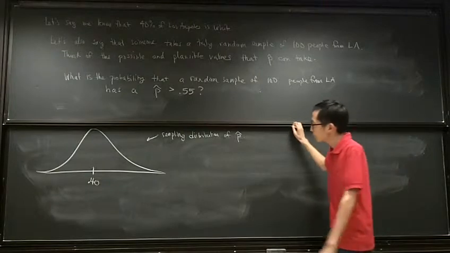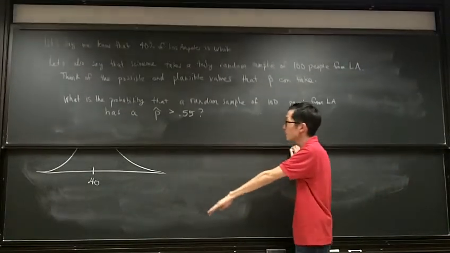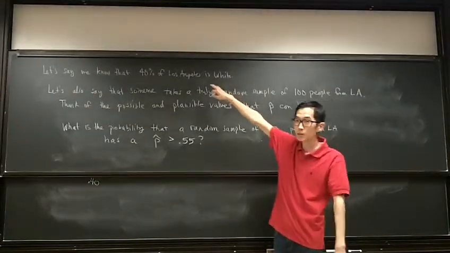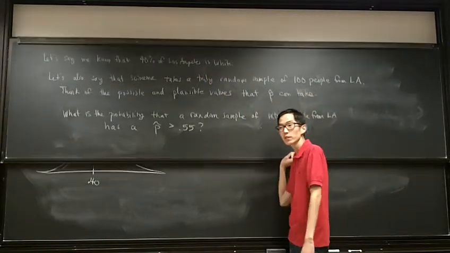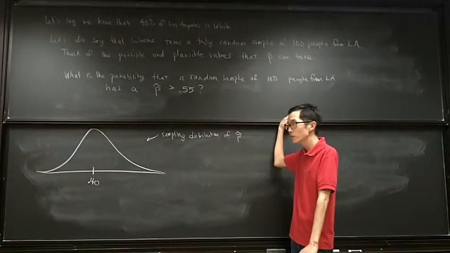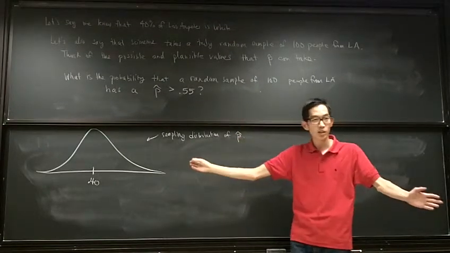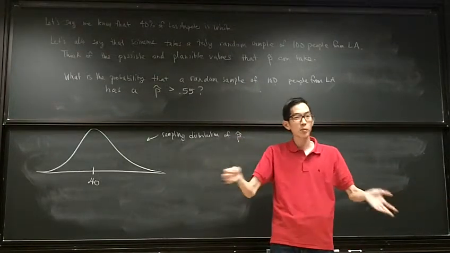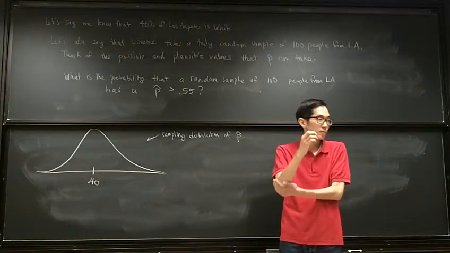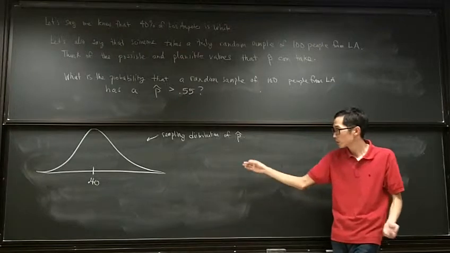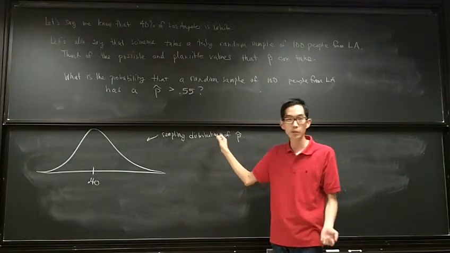Well, I'm putting 0.40 there because I said 40% of Los Angeles is white. So if 40% of Los Angeles is white, whenever I take a random sample of people in Los Angeles, I'm expecting 40% to be white. So that's the average of my sampling distribution.